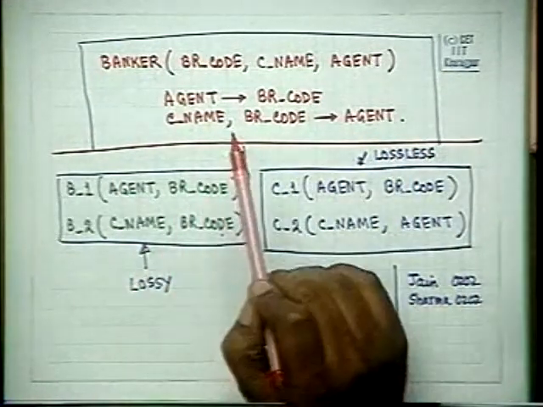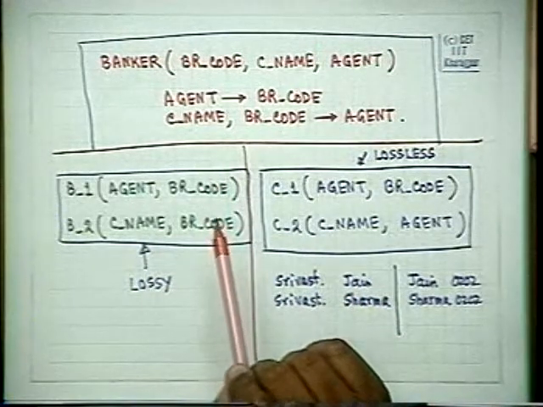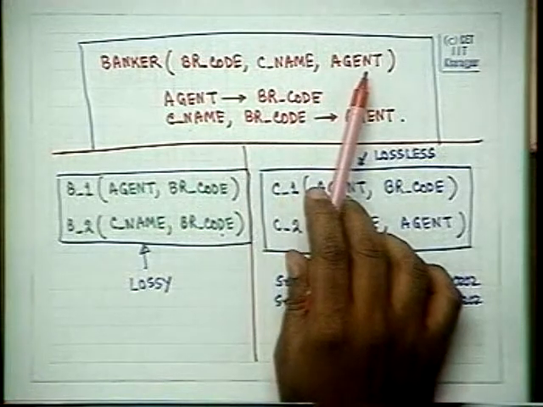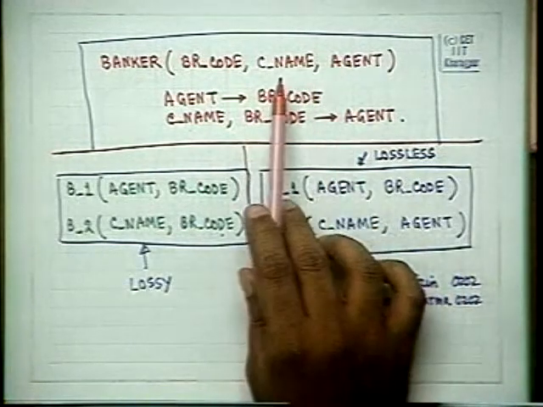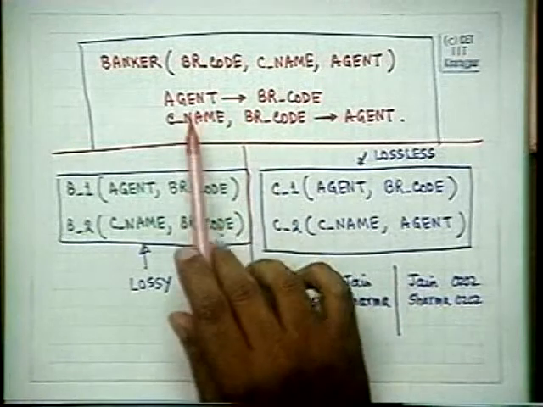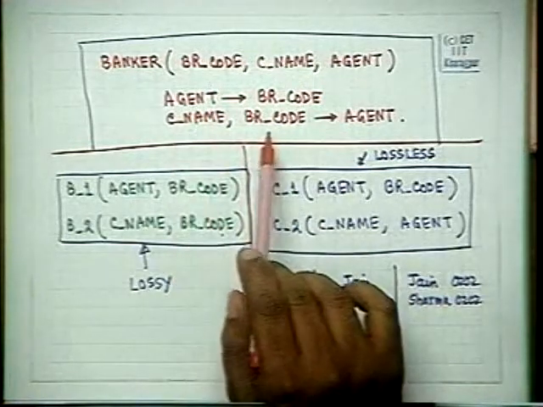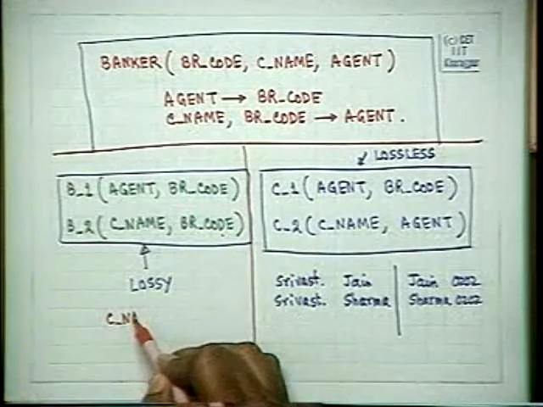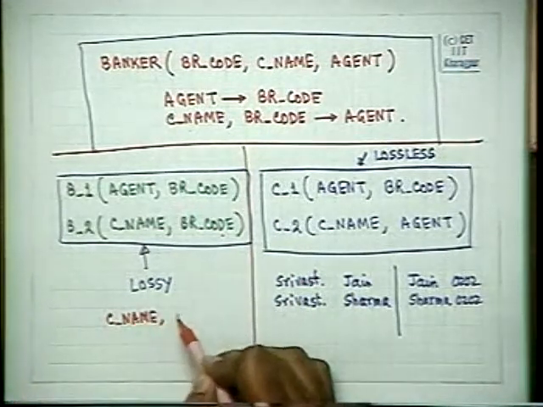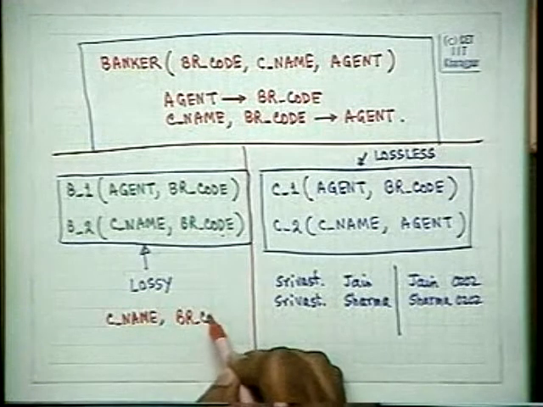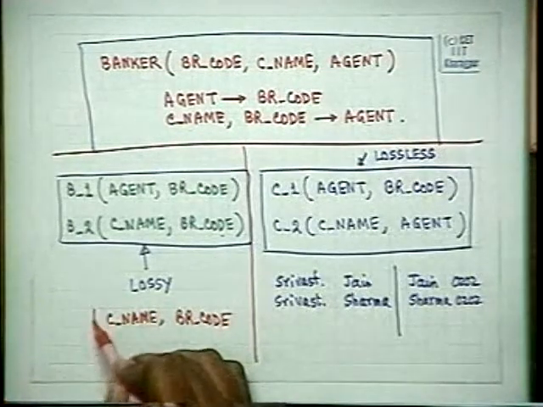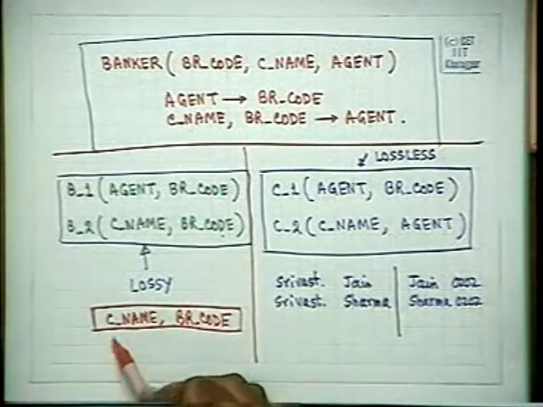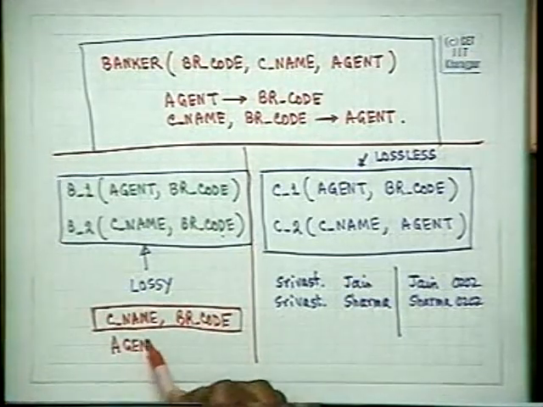Obviously, there are two candidate keys. One is customer name and branch code, which is one super key or candidate key. The other candidate key is agent and customer name.